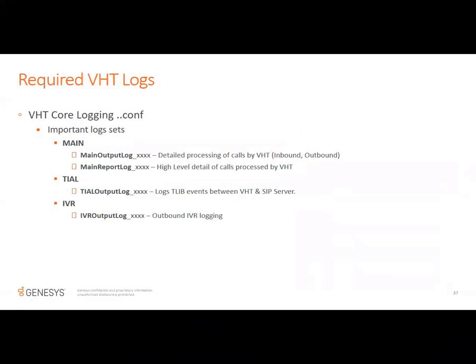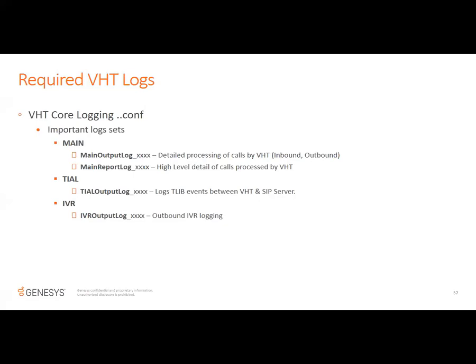So when a call comes into virtual hold through an inbound process, the main output log is going to walk through the steps of processing that inbound call, the get offer decision, the ingesting of attached data, and the storing of the call for callbacks later. You'll also see when the callback is being launched, you'll see in the main output log that the call is being launched, and then all the additional processing that happens to the call after the outbound call is being made.